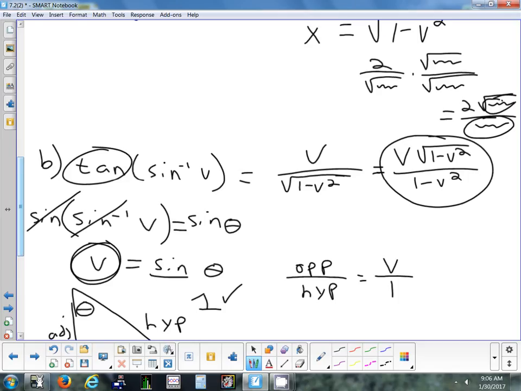Any questions, especially on how we got to this step? If they don't ask you in the book, you don't have to simplify to this step that's circled. If you get a multiple choice question and you don't see your answer listed, look for what I circled. They're the same thing.